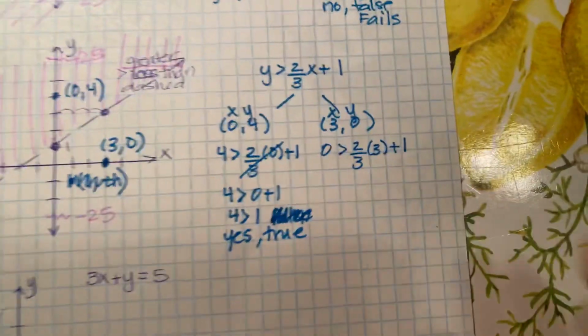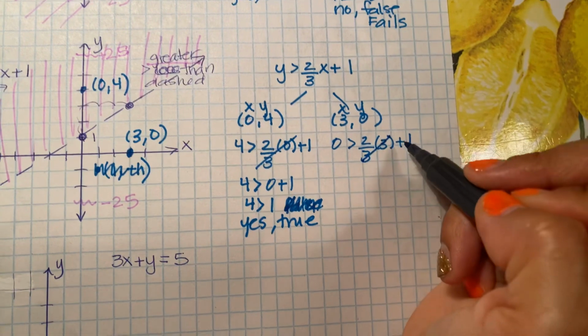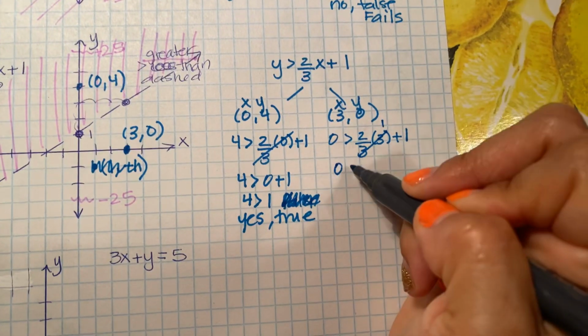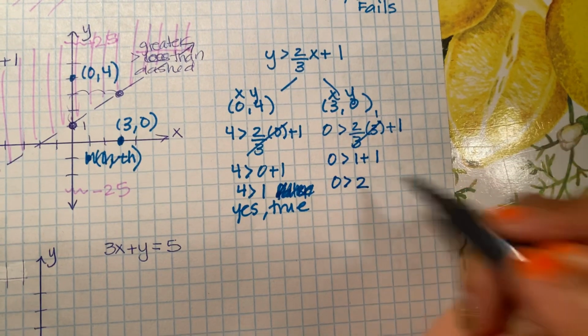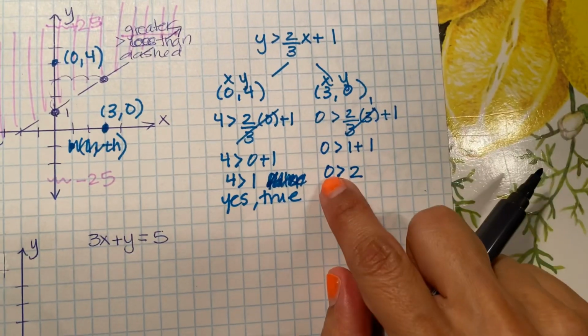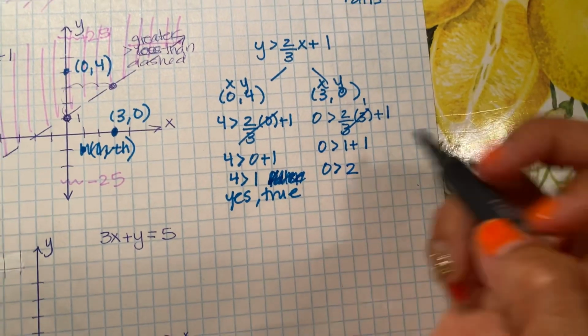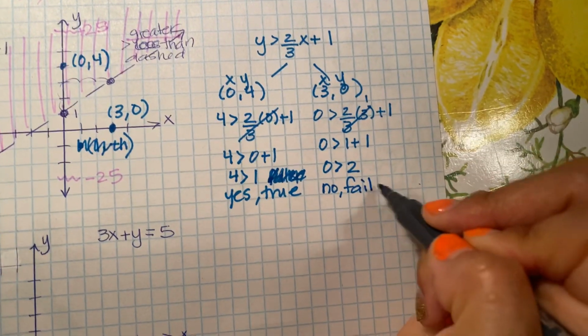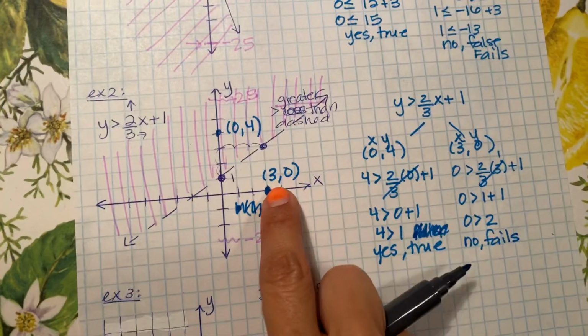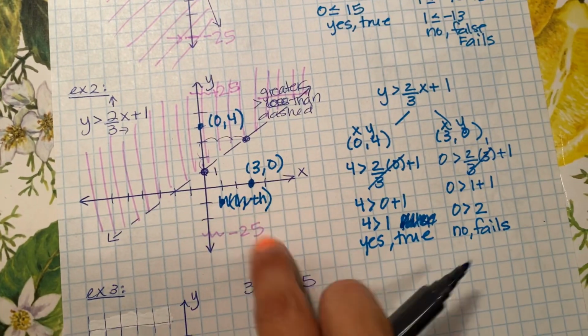Let's clean it up: 3 into 3 reduces to 1. So 0 is greater than 1 plus 1. Is 0 greater than 2? No, 0 is not a bigger number than 2. So this fails, and that's why 3, 0 is in the unshaded region.